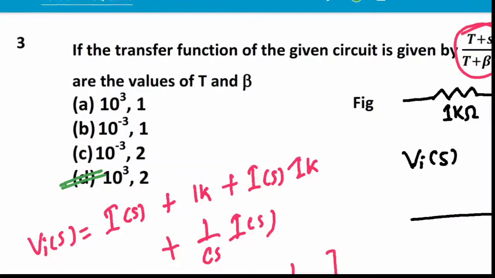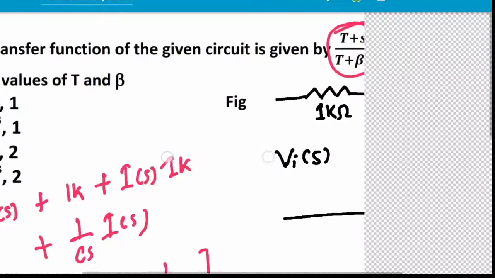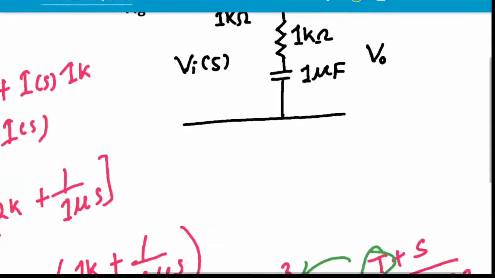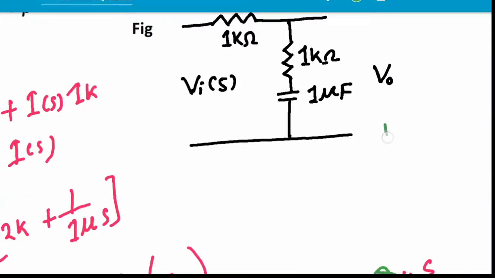If you know about the compensator, this circuit represents the lag compensator.